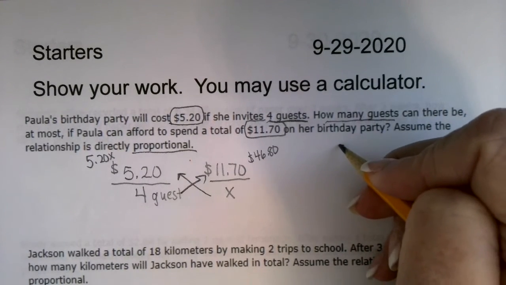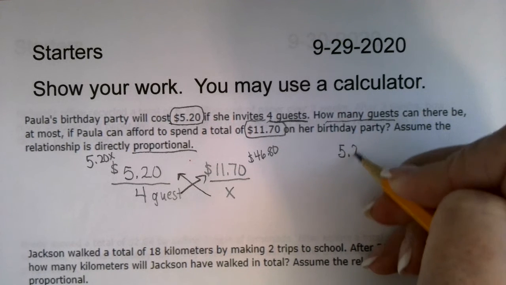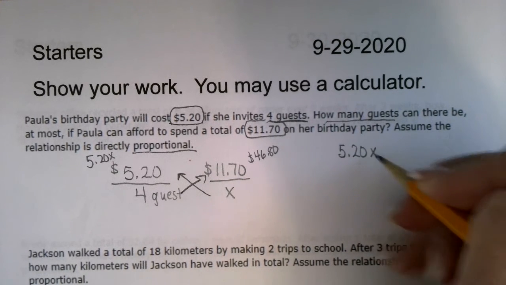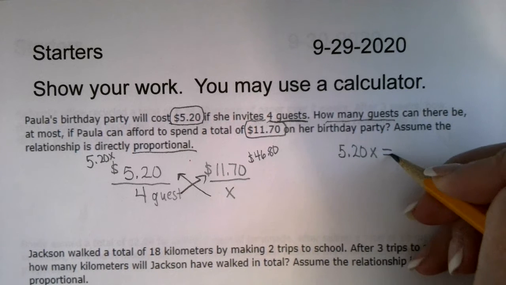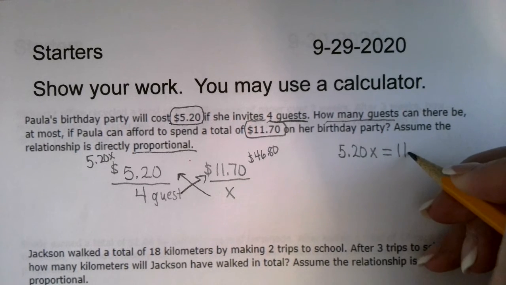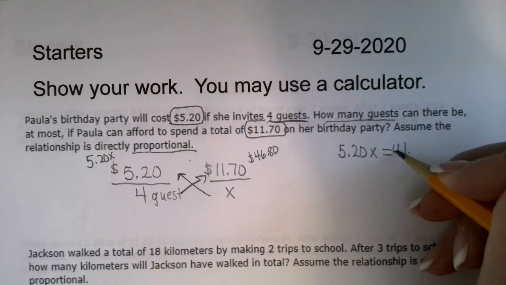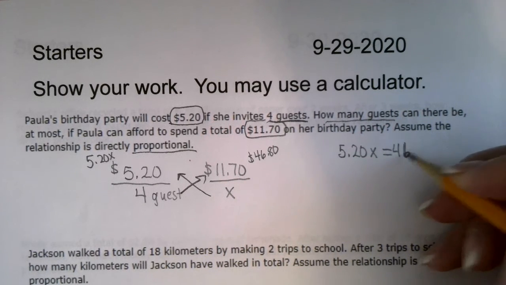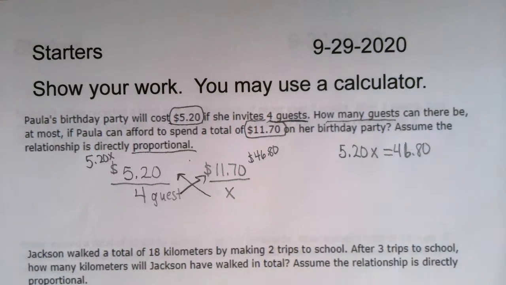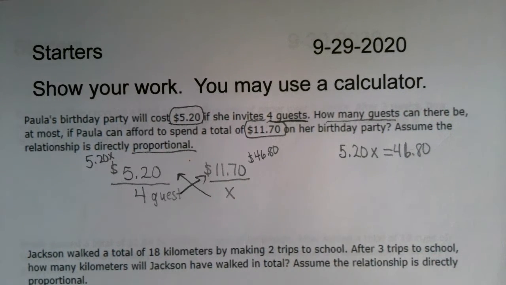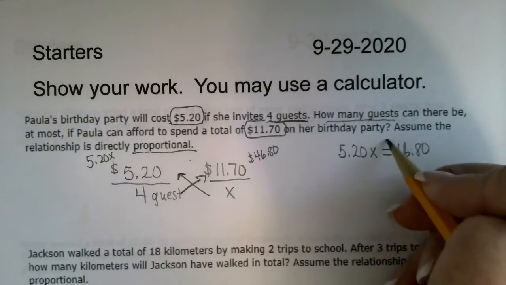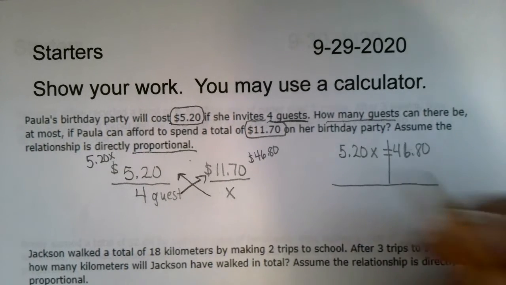So I'm going to write my equation over here: $5.20 times some number of guests is going to give us $46.80.